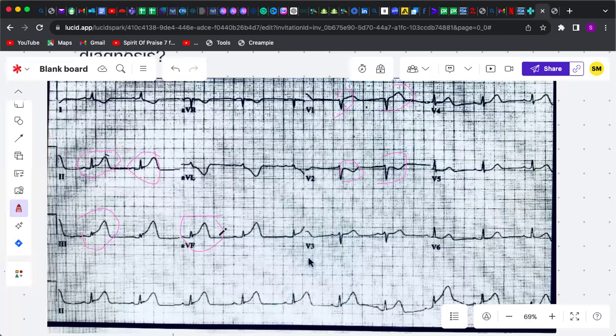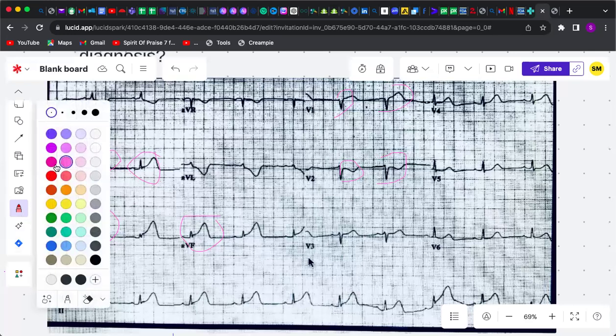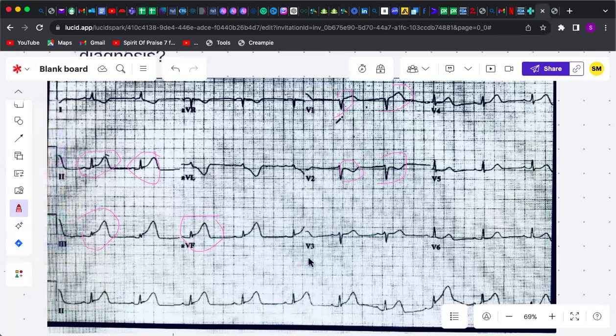Okay, but how about V1? How about V1? I think I should take a deeper pen. You see, there's also ST elevation in V1.